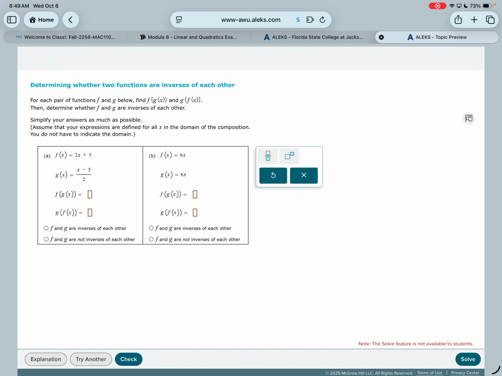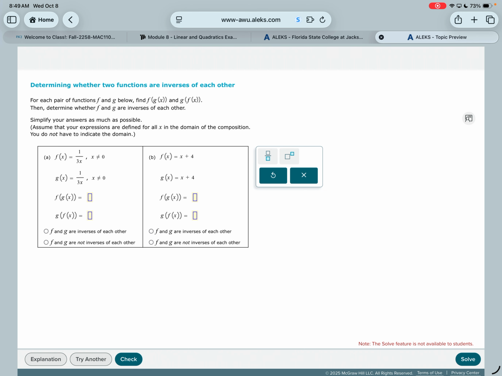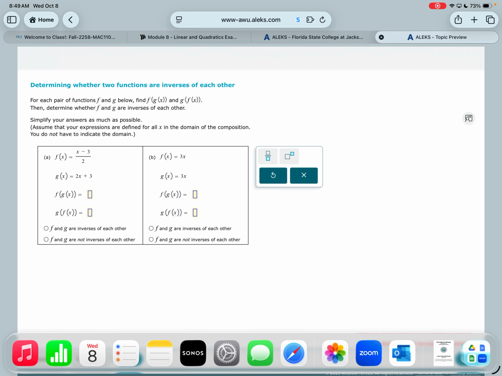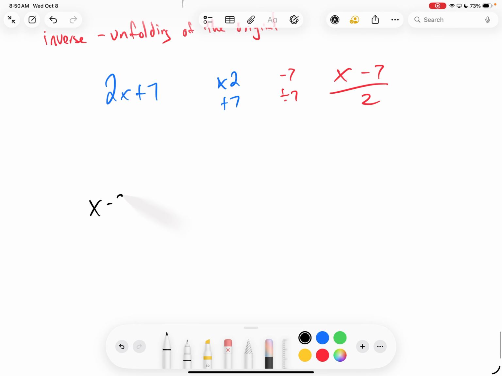It's kind of like the same idea. Oh, they're all kind of similar. x minus 3 divided by 2. Okay. So if I had x minus 3 divided by 2 and I was checking to see if 2x plus 3 was the inverse, if I plugged in a number right here, what I would do is I'd subtract 3 and then I'd divide by 2, right?